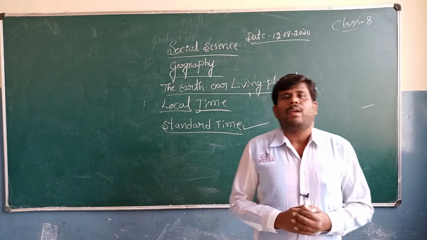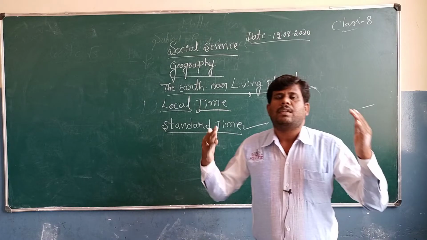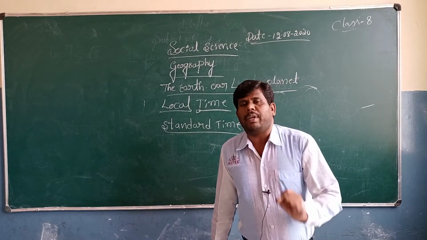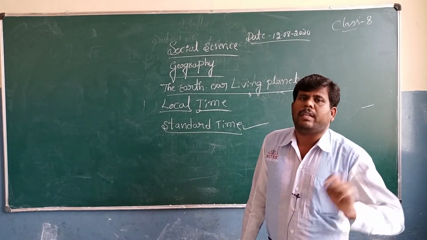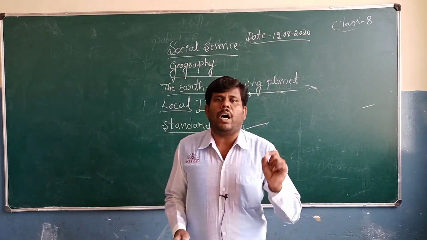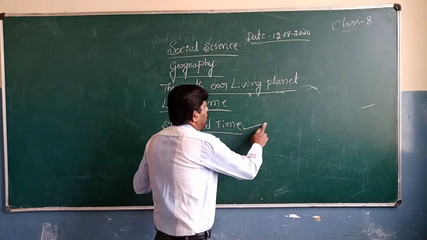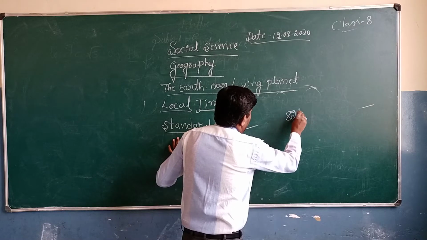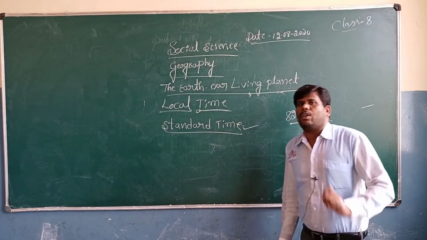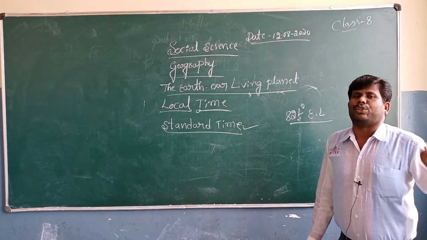The uniform time followed throughout a country is known as standard time. Like in our India, standard time is based on 82½ degrees east longitude.